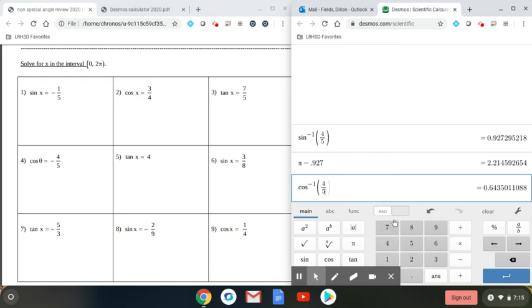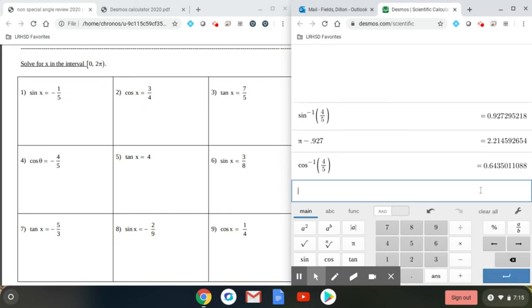And again, just make sure you're in radians. But once you do the inverse of cosine of 4/5 and hit enter, that's going to give you your reference angle. So in this case, let me write this up top. Our reference angle ends up being 0.644, right?